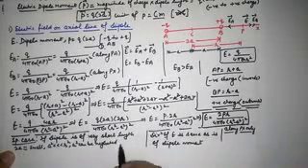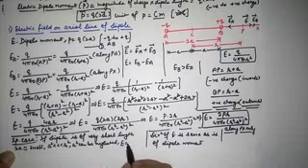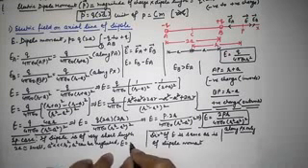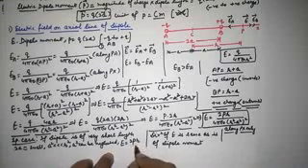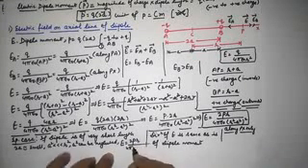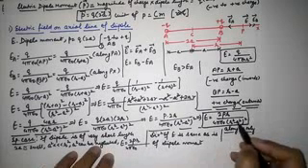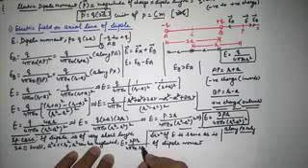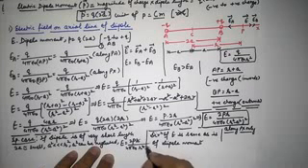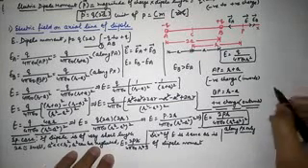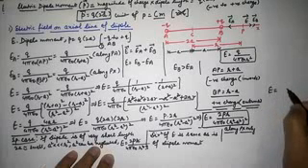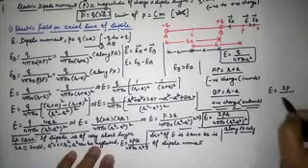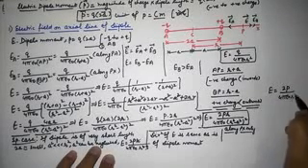If this is neglected, then E is equal to 2pr upon 4 pi epsilon naught, and (r square) whole square becomes r raised to power 4. One r is cancelled out, and here we get r raised to power 3. So E is equal to 2p upon 4 pi epsilon naught r cube.